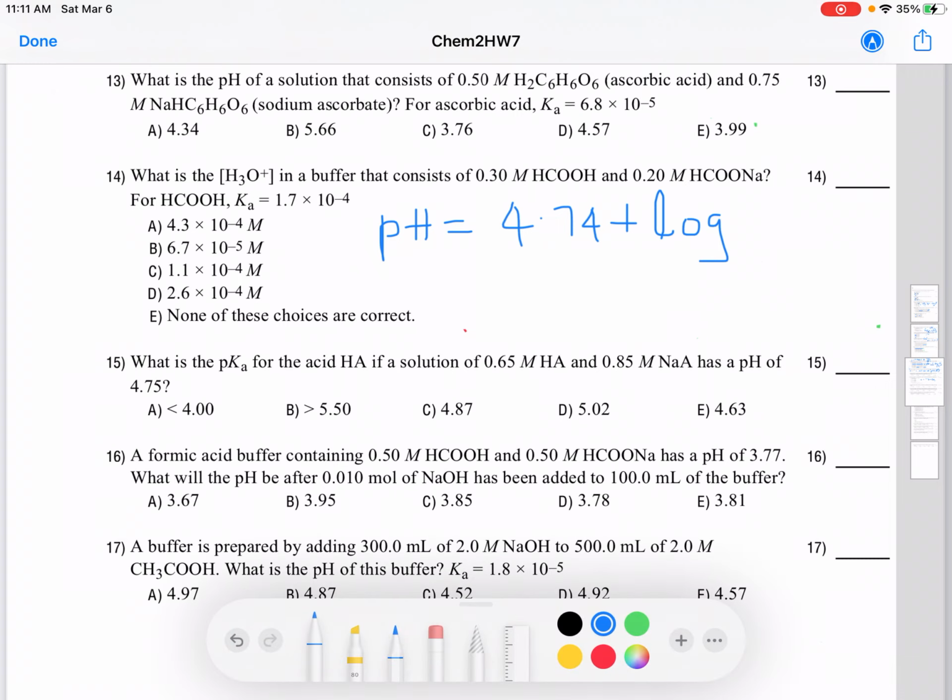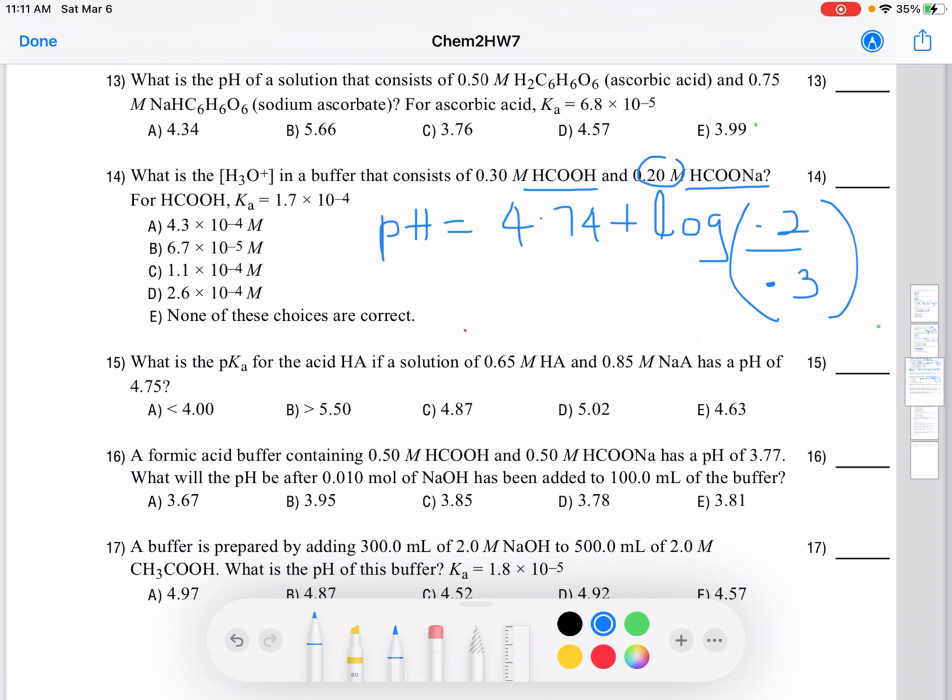What is the base component? The acid component always has the hydrogen intact, so the base you can find either as a negatively charged species or as a salt like sodium formate. So the base concentration is 0.2, so log 0.2 over 0.3. This will give you the pH of the solution.